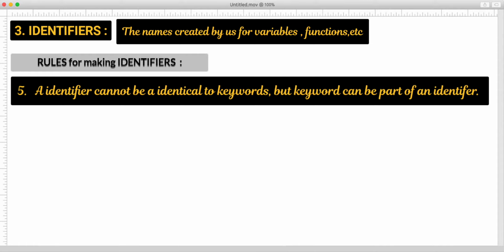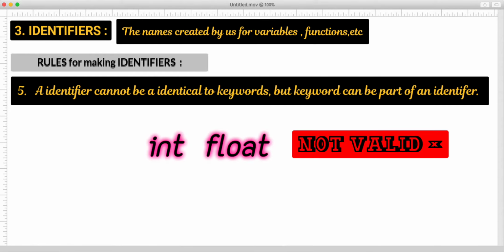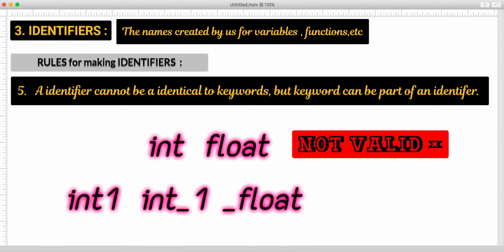For example, int is a keyword. We cannot make an identifier named int, because it is predefined in the compiler as a keyword and has certain declarations. But we can create identifier names like int1, int_1, _float, as float is also a keyword.